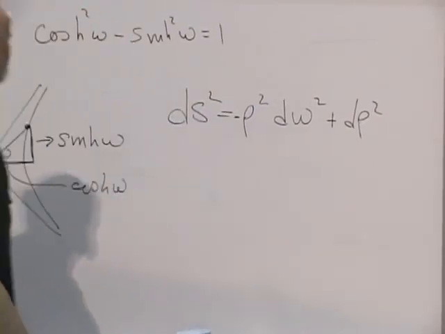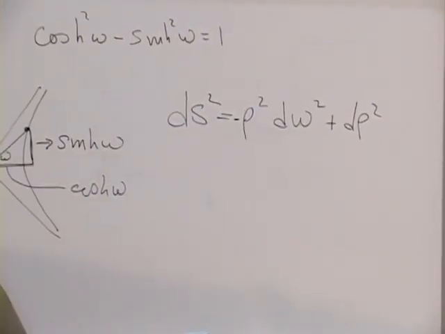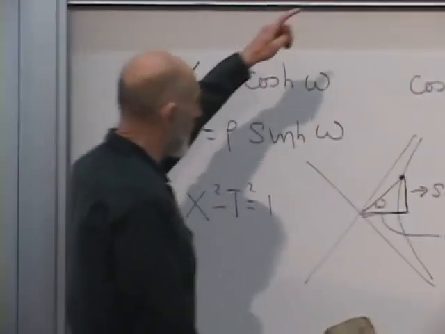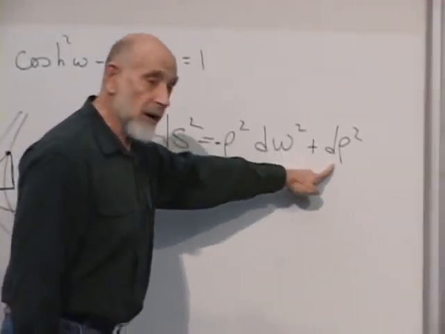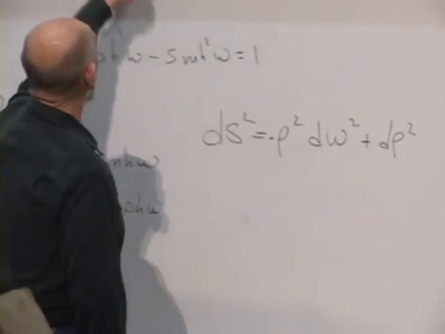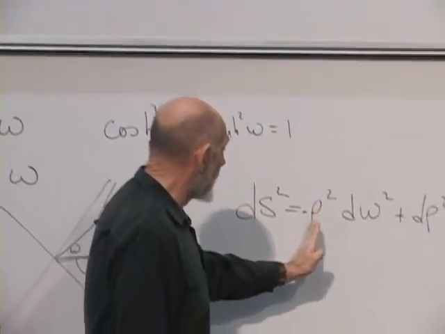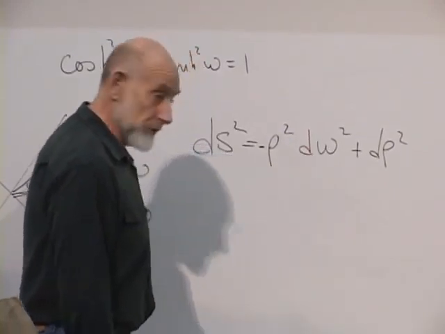Let's just compare it. Go up to the metric over here. ds squared is d rho squared plus rho squared d theta squared. d rho squared, same thing. And instead of rho squared d theta squared, we have a minus sign, rho squared d omega squared.